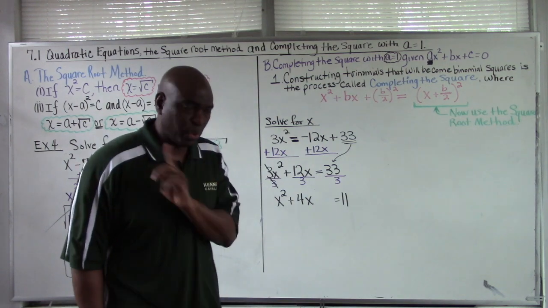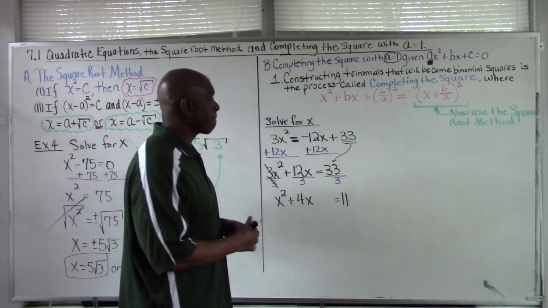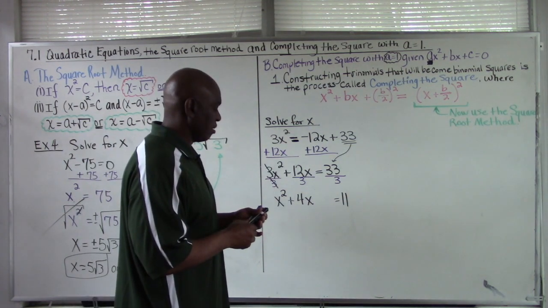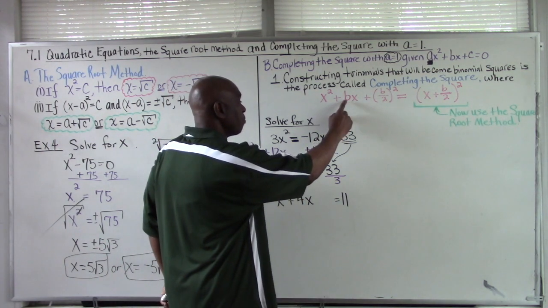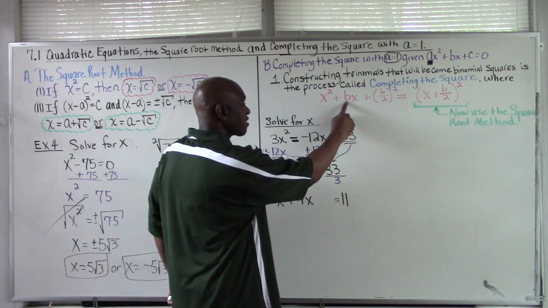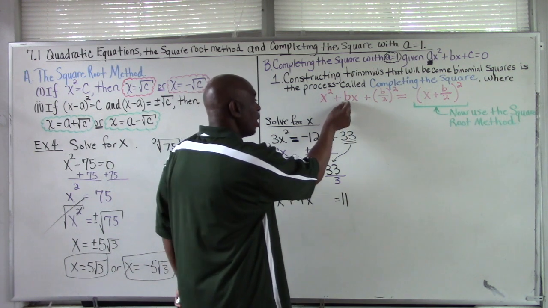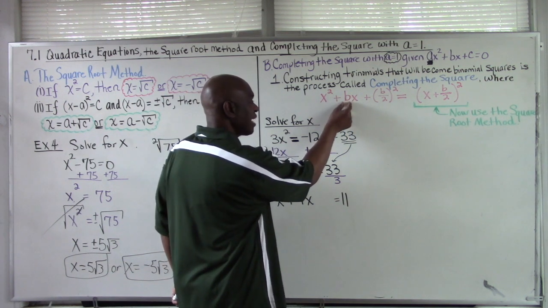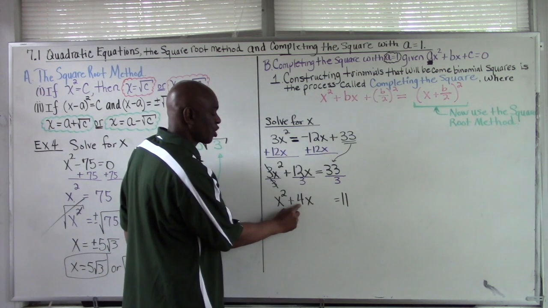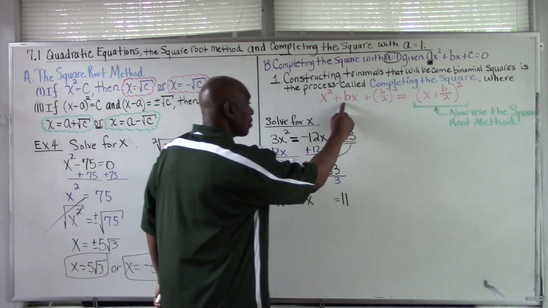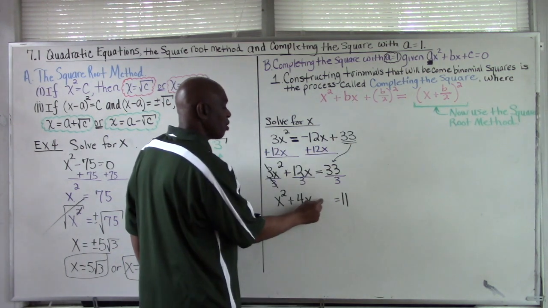Now to complete the square, we're going to have to take a look at this b right here. This b, which is the coefficient of x. Okay? What number is right next to x? Well, in our case it's 4. 4 is the coefficient of x. So what's going to go right here?